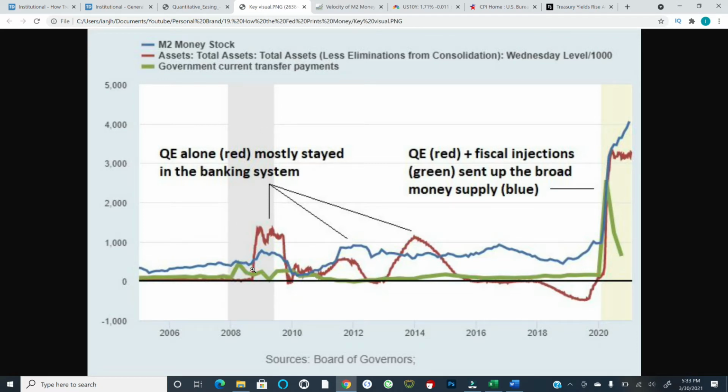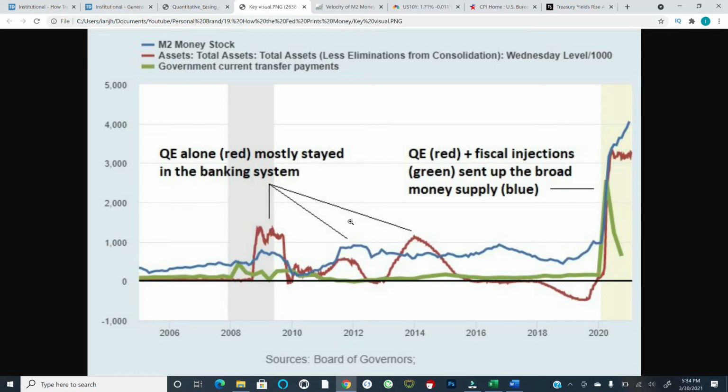The first three rounds of QE. So here's QE1 with the Great Financial Crisis. Here's QE2, QE3. Here's even in 2018 where they started QE tightening, i.e., reducing the size of their balance sheet. And then markets did not like that, so they went right back to it. And then that gets us to 2020 and COVID, where it just shoots up parabolically.